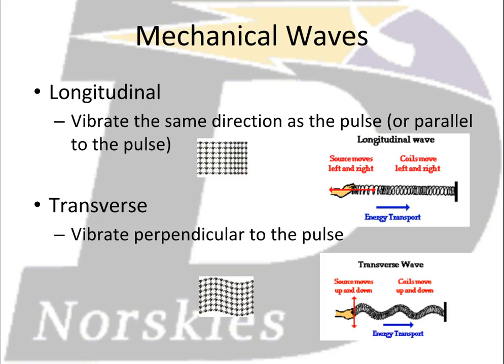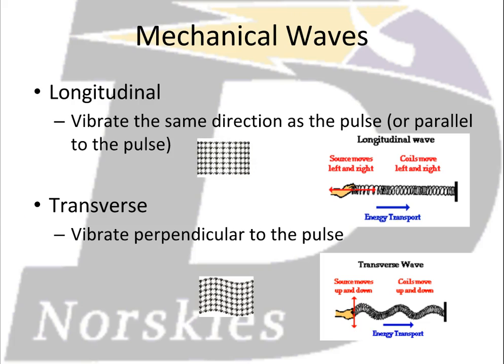The primary wave that we're going to focus on is our mechanical waves. This is the lens we use to study waves. And there are actually two types of mechanical waves. The first type is longitudinal waves, which are waves that vibrate in the same direction as the pulse, or parallel to the pulse.